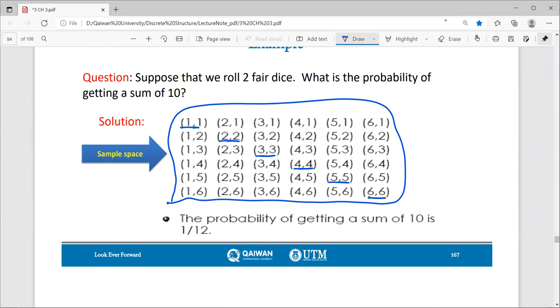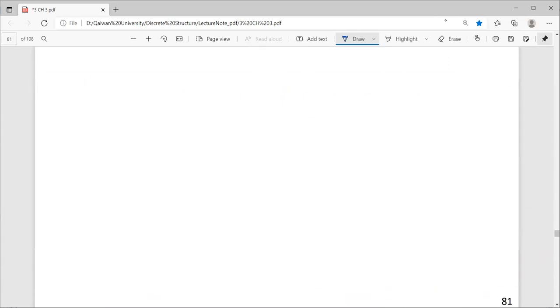Or getting the sum of 6. We have these 5 possibilities to get the sum of 6. That means here we have 5 possible outcomes to get the sum of 6, and also we have 6 possible outcomes to get a double. Let's return to the example.